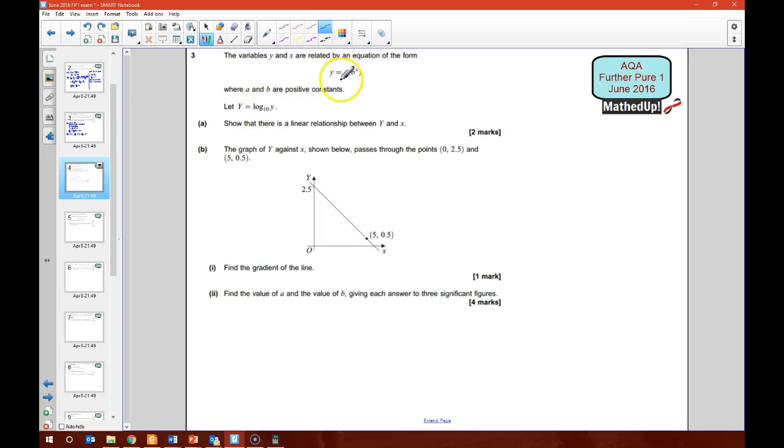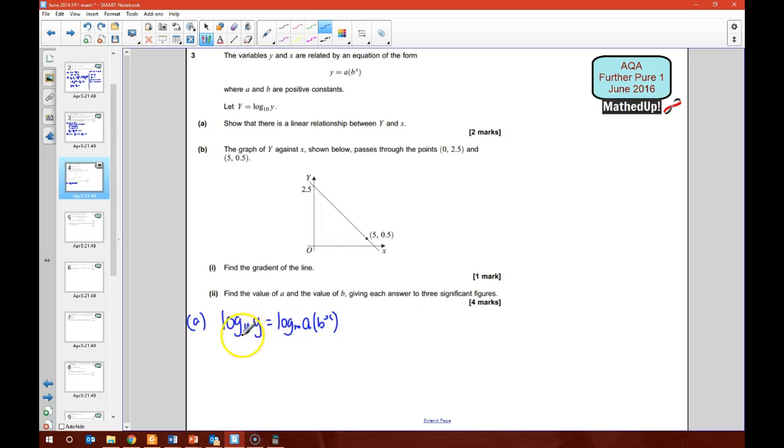Okay, so we're going to use a log of base 10. So this is part A over here. Log of base 10 of y is equal to log of base 10 of a times b to the power of x.